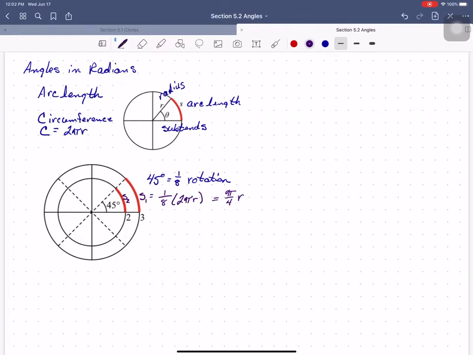So for my big one, I replaced my radius with 3, and my arc length would be 3 pi over 4. For my littler circle, I would replace the radius with 2, and my arc length would be 2 pi over 4, or 1/2 pi.